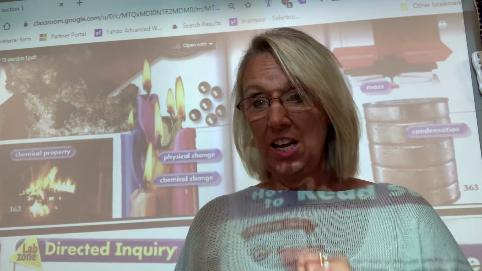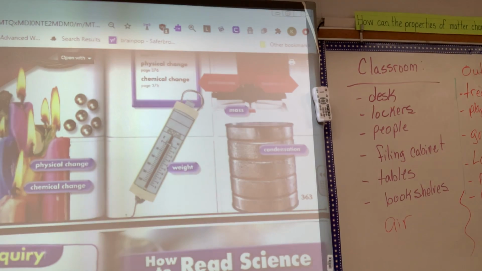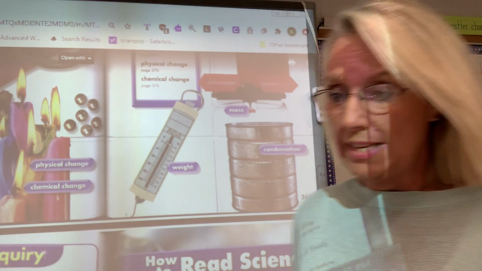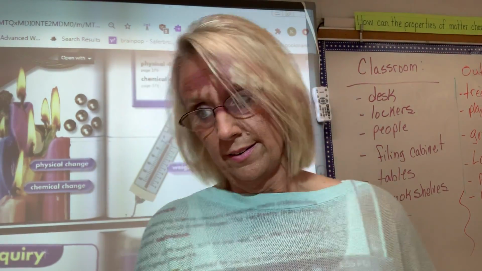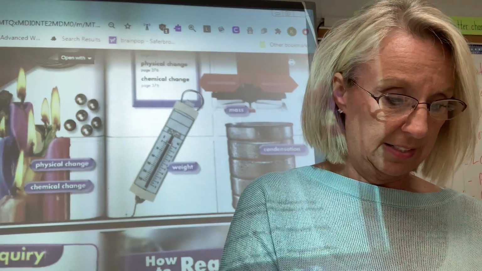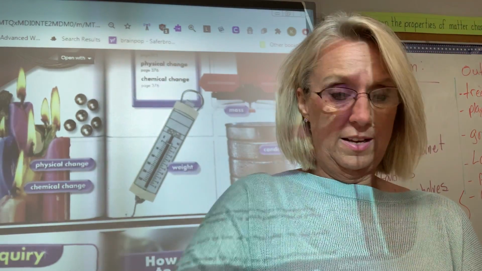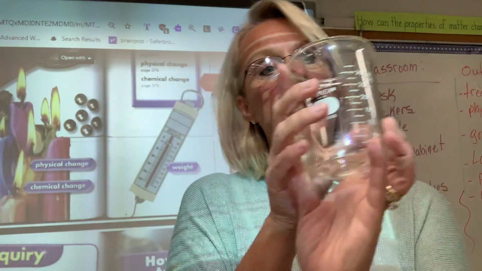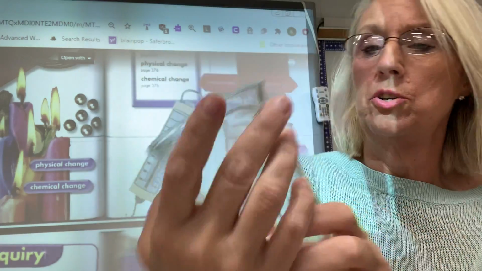Now, here's a good one. Density and volume. And then we're going to call it quit. Let me walk over here real quick. Now, density is the measure of the amount of matter in a given space. And so I have a beaker, and in the beaker we've got all of these little measurements up the side.